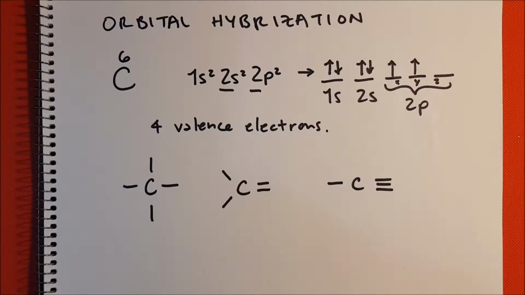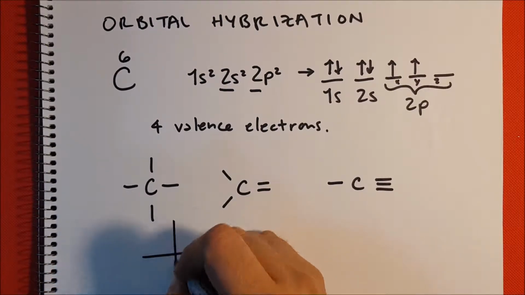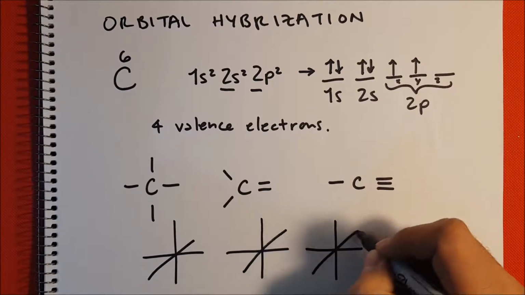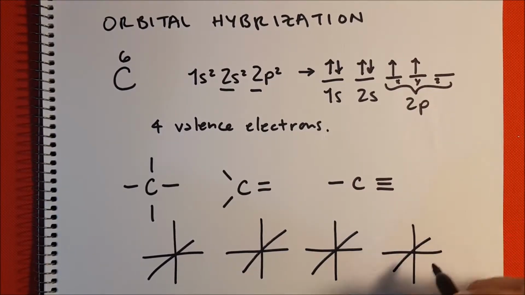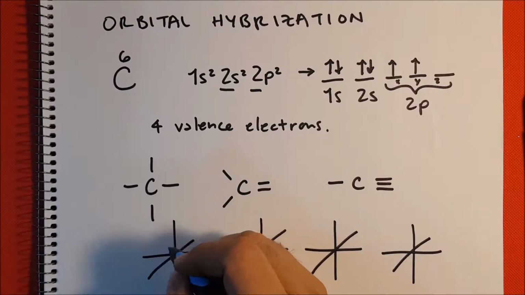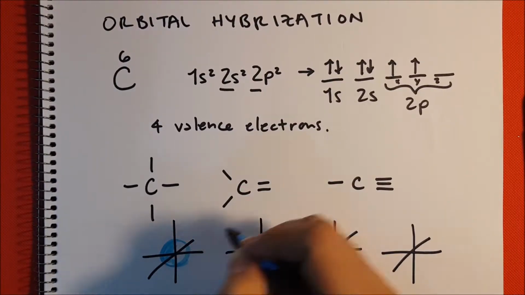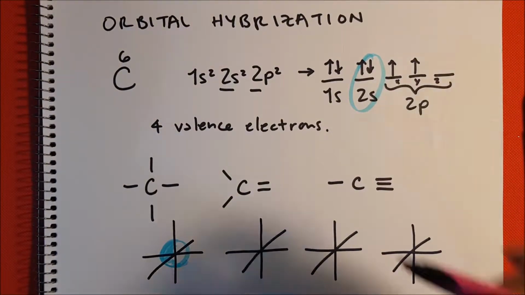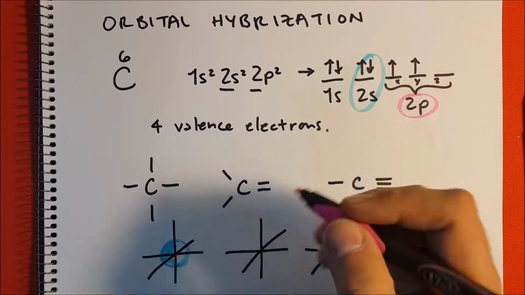So in this case, this is where the theory of orbital hybrids comes in. Let's say that in an unhybridized form in its valence shell, carbon has 4 different orbitals, and these are represented by S, which we're going to code here in blue as a sphere. So this is the S in the valence shell. And then we're going to have P, which we're going to code in pink.